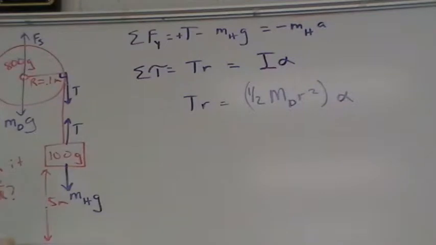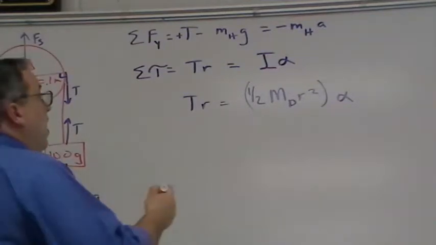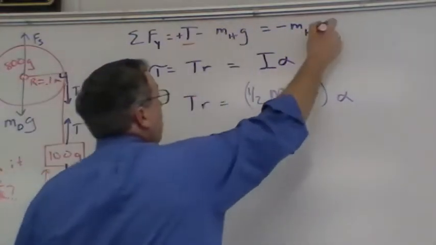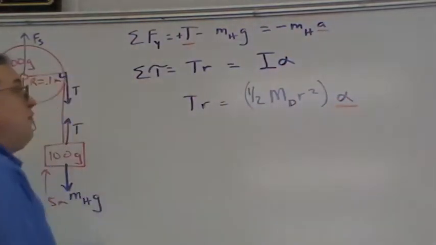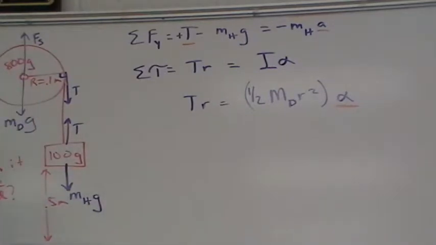Now if you look at these two equations, here's what I see. I see 1, 2, 3 different unknowns. The tension, the linear acceleration, and the angular acceleration. 2 equations, 3 unknowns. That's a bad day in math.